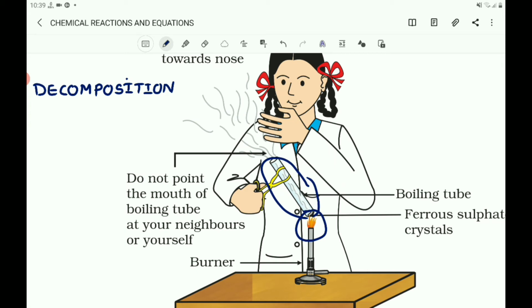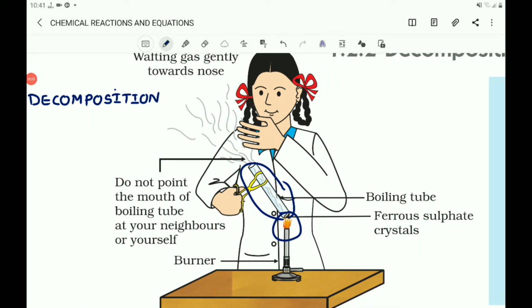Do not point the mouth of the boiling tube at your neighbors or yourself. And here you must take care. Here the correct way of heating the boiling tube containing the crystals of ferrous sulfate and of smelling the odor is given.